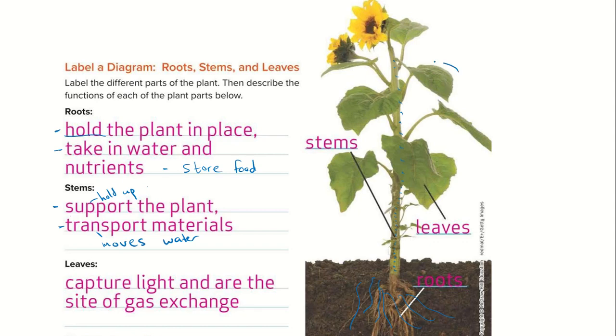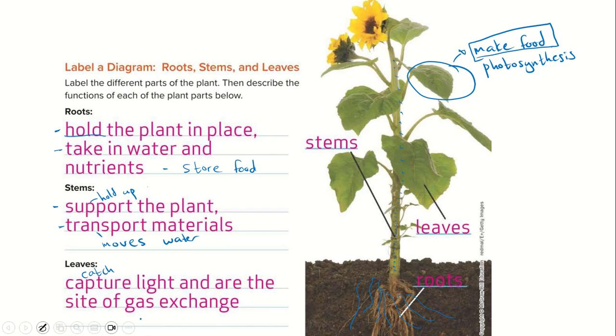And the last thing are our leaves. The leaves of the plant, they are where food is made. So they make food for the plant. We call this process where it makes food photosynthesis. You may use that word if you like, but make food is enough. So what do they do? They make food for the plant. Okay, they are also the part that captures the light. Capture means to catch the light, and it's where gases are changed.